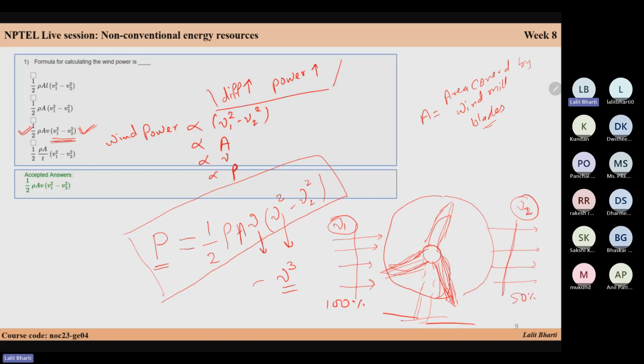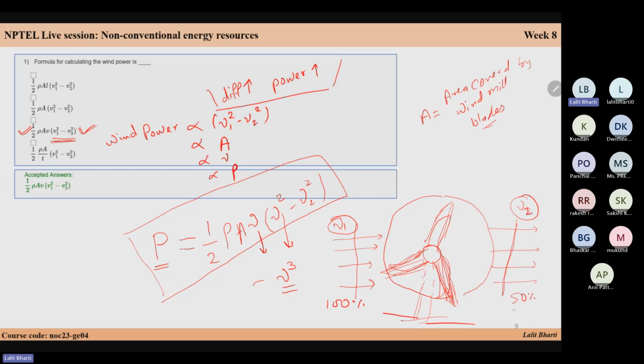The higher the difference, say a 50% loss in the velocities, the higher your power generated. And if you have a smaller difference, let's say only 10%, then your power generation is lower in that case.